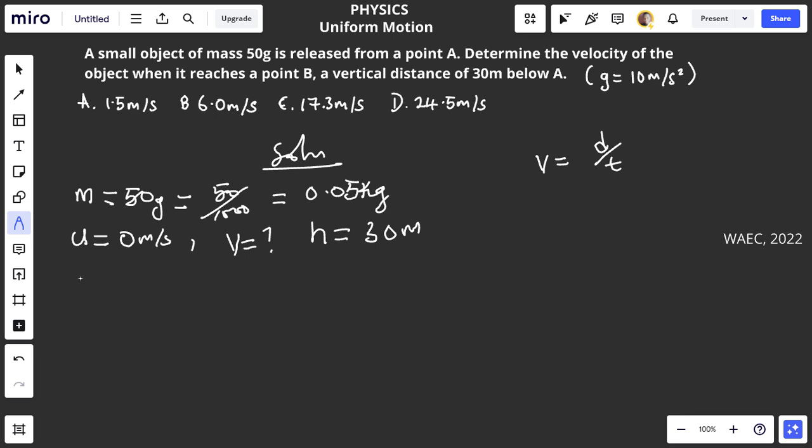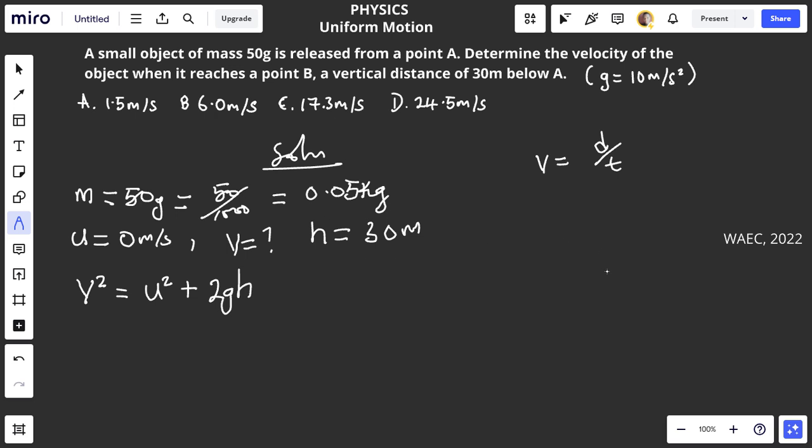So I'm going to use the last one, which says v squared equals u squared plus 2gh. Sometimes this plus is usually minus, but that is when a body is thrown vertically upwards.